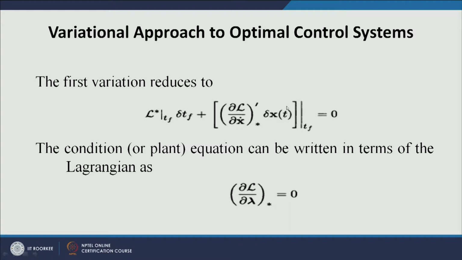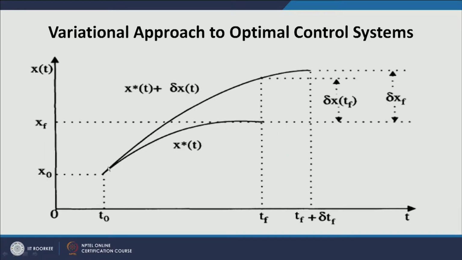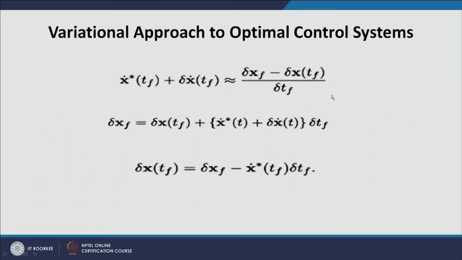Now, the terminal condition is given with delta tf, which is the variation at the tf point, and delta x of tf. If this is the delta x of tf, delta xf, what can I write?